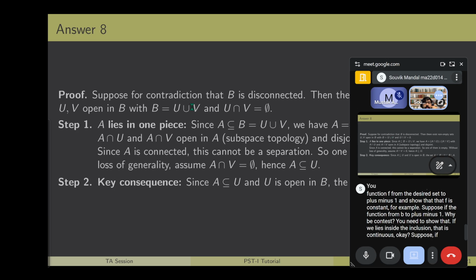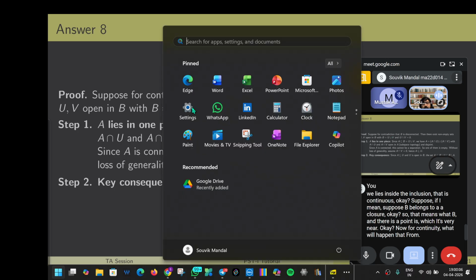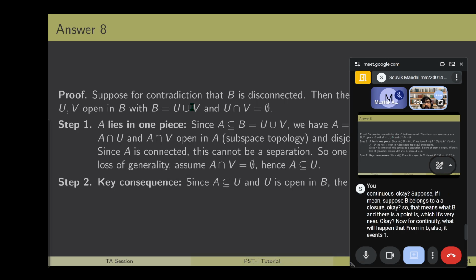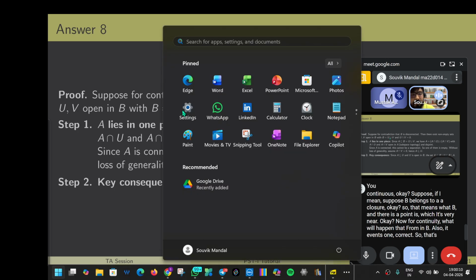Suppose b belongs to A closure. So that means what? There is a point a in A which is very near. Now for continuity, the value at b also equals the value at a. Correct. So that's what the argument is.